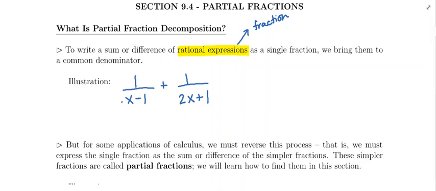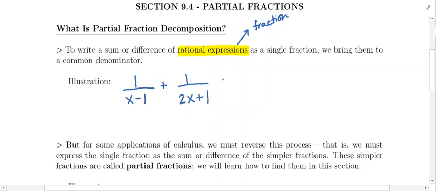They're fractions, complicated because they have a variable, but we can add them and combine them into one fraction. To do so, we have to get a common denominator.